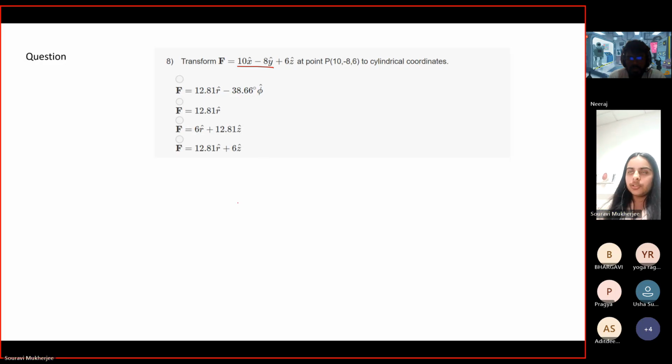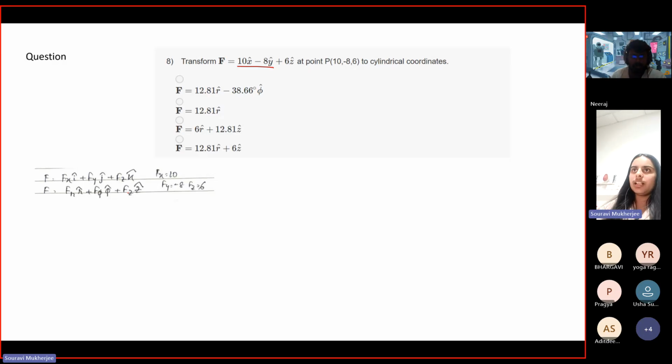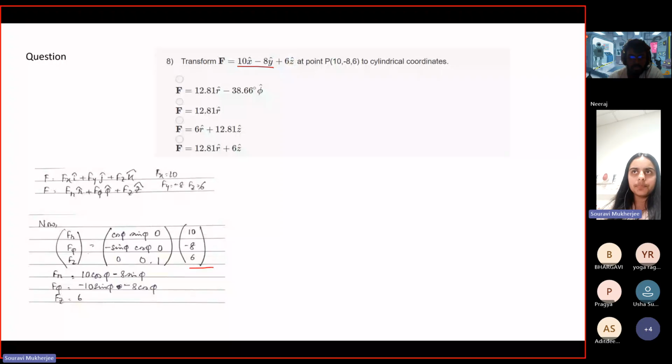Clear, right? So basically what I'm trying to say is that you have fx i cap, fy j cap, fz k cap, and you want fρ ρ cap, fφ φ cap, fz z cap. Now you can write a transformation matrix and write it in terms of vectors, where you know the coordinates in one system and want to find the other.